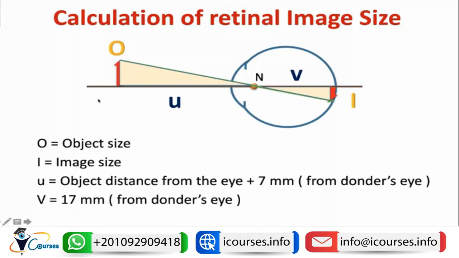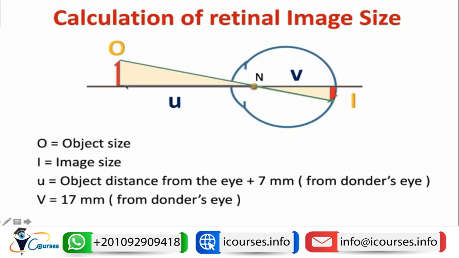This is again by knowing the object size, where O is the object size, I is the image size, and here we have U. U is the distance of the object from the nodal point. So how can we calculate it?